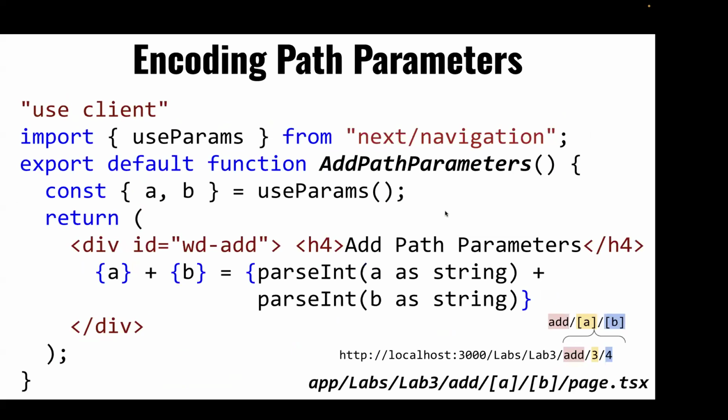Okay. You can also declare placeholders, where the path is going to follow a particular pattern. I mean, it's going to be lab 3, and then you can name these path positions. You can give them names.